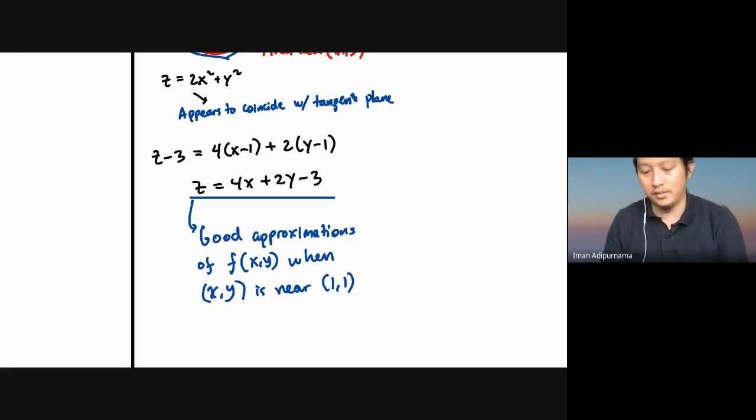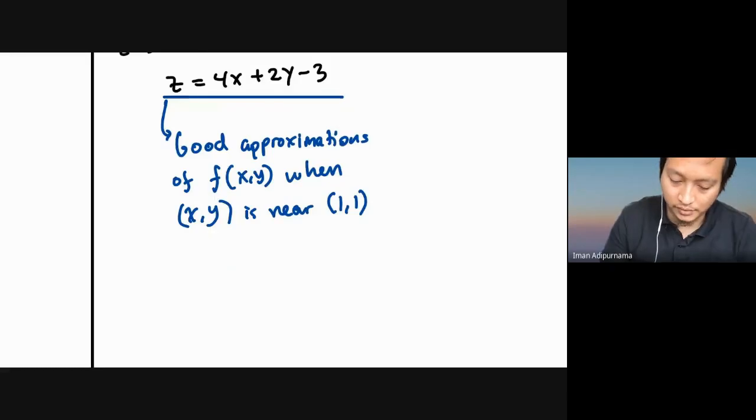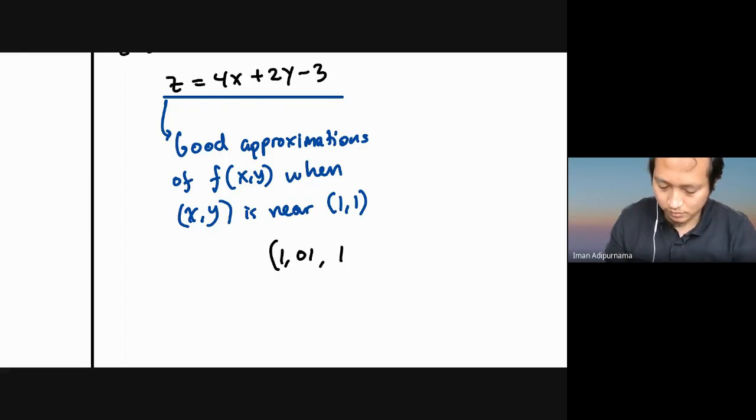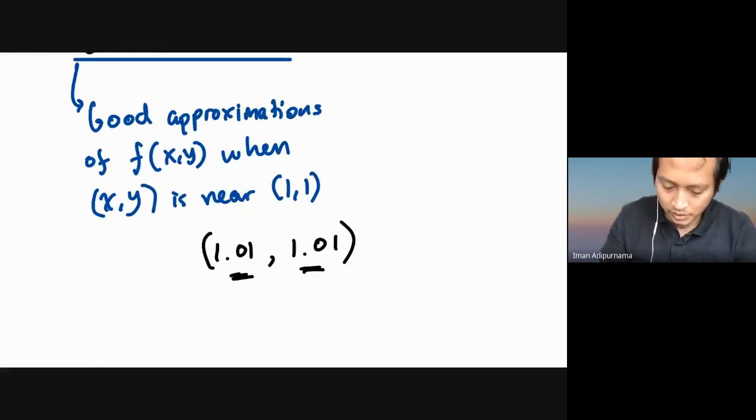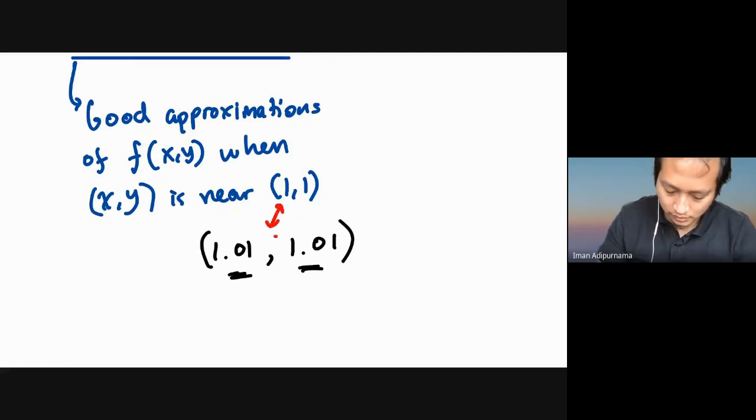For example, if you are looking for this, and this, this is a really good approach because it's nearby the point (1, 1).